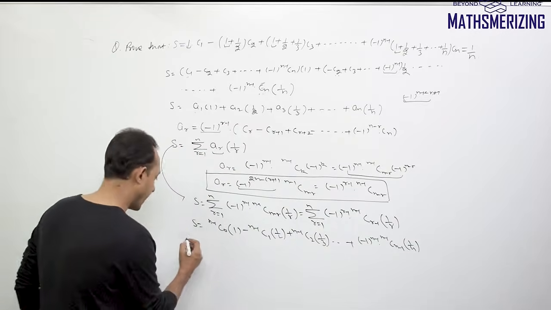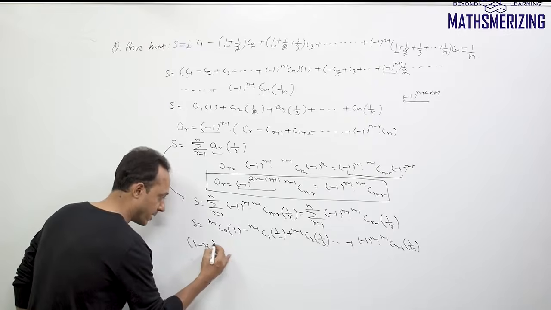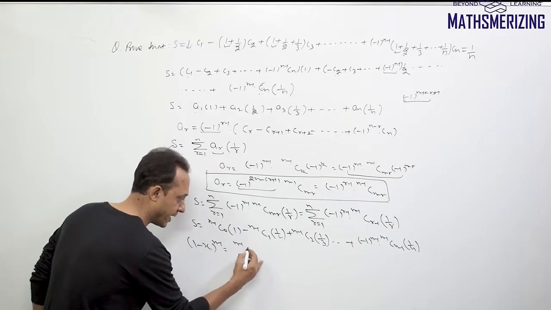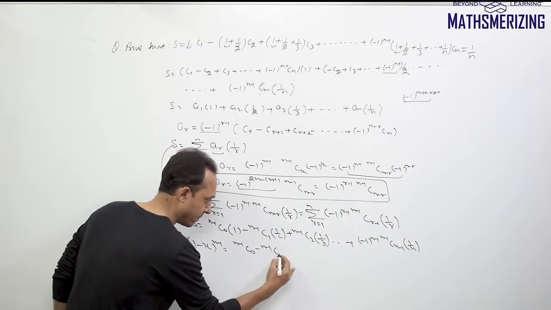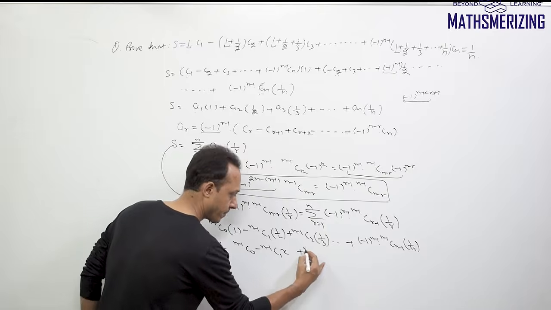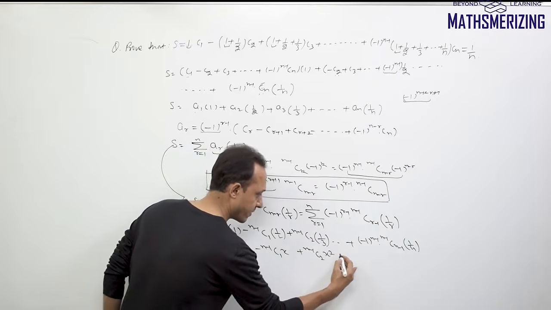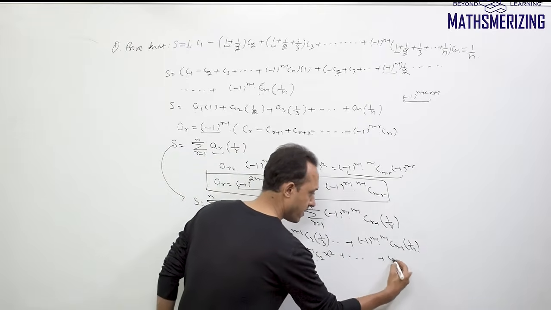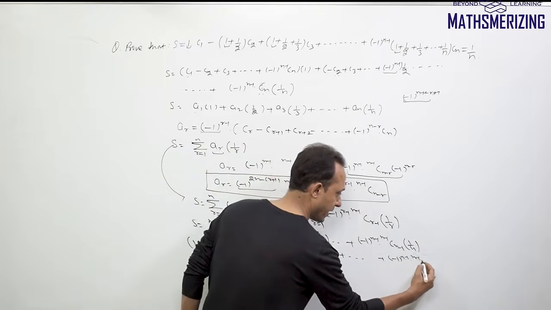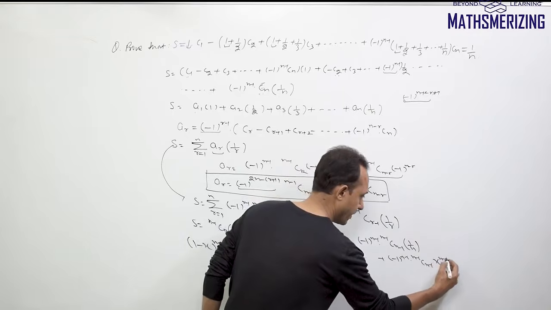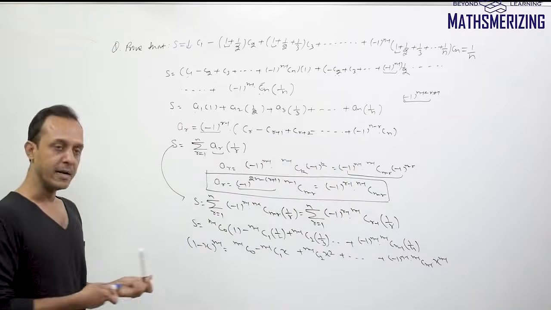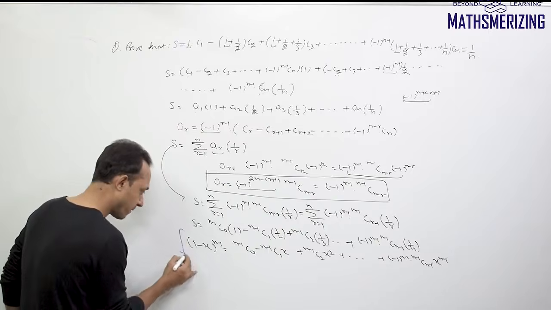So what I'll do is I'll take up the series 1 minus x to the power n minus 1. So I can write n minus 1 c0, n minus 1 c1 x, n minus 1 c2 x square, and then minus 1 to the power n minus 1, n minus 1 c n minus 1 into x to the power n minus 1, and I'll integrate this series from 0 to 1.